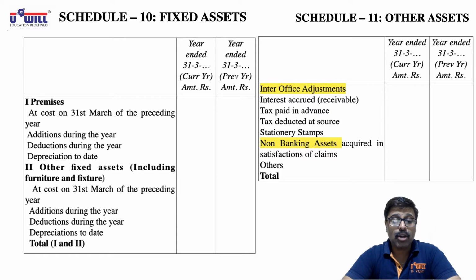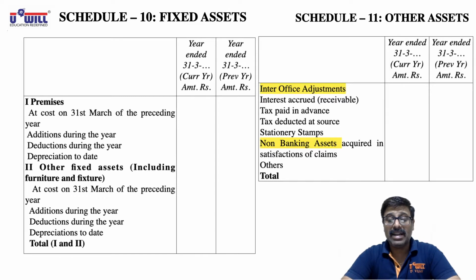Opening balance, that is at cost on 31st March of the preceding year. To that you'll add additions, meaning purchases during the year. Deductions mean you will subtract premises sold during the year, and then you'll minus depreciation till date. Mainly remember that you have to minus depreciation; other items you will rarely have. And the same items are repeated for other fixed assets also.